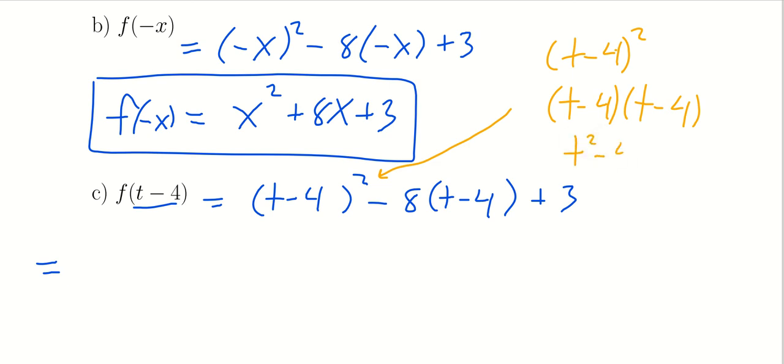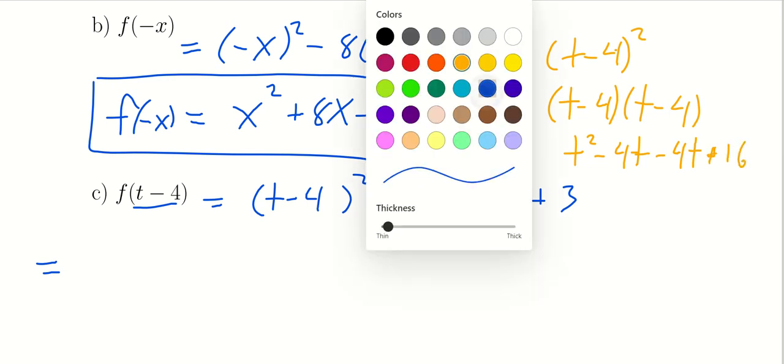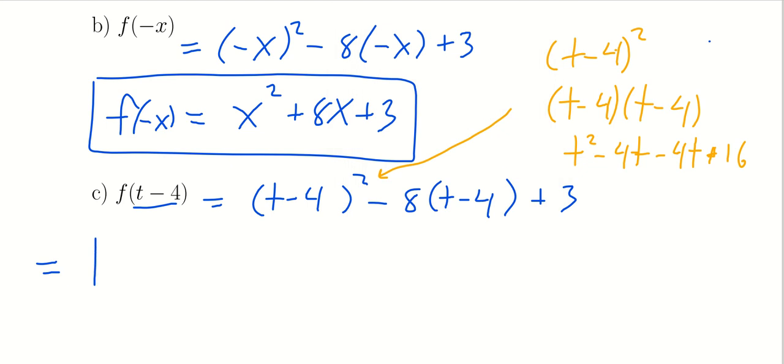T times negative 4 is a negative 4t. Negative 4 times t is a negative 4t. And negative 4 times negative 4 would give us positive 16. We can combine those two middle terms, and what that will yield will be the following. We have t squared, negative 4t and negative 4t combined to give negative 8t plus 16.